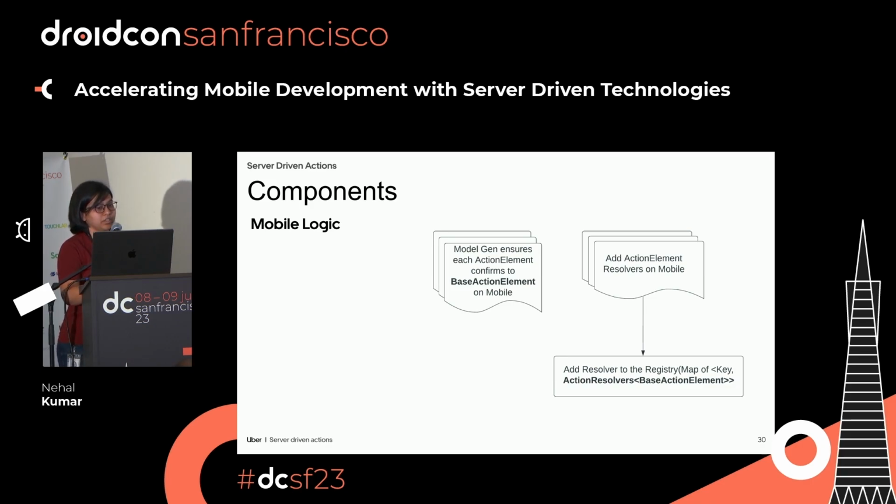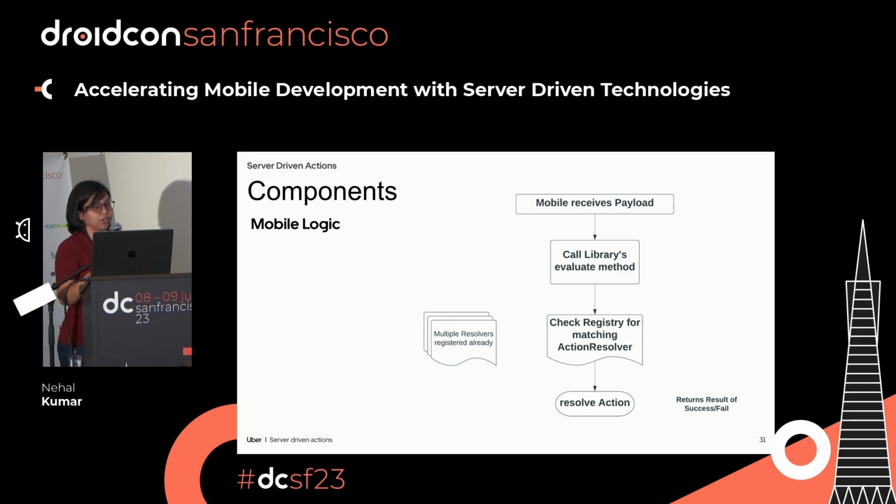There is a registry, as you can see on the screen, and that registry maintains a map of action resolvers keyed by the action element that it has to pick from. When we talked about Thrift annotations, we also use those on the mobile model gen side. Mobile model gen ensures that these action elements conform to a specific interface, and that interface is then enforced on the registry by using generics.